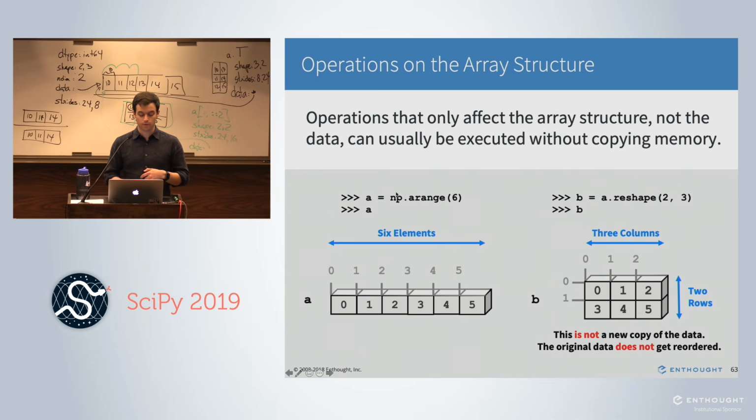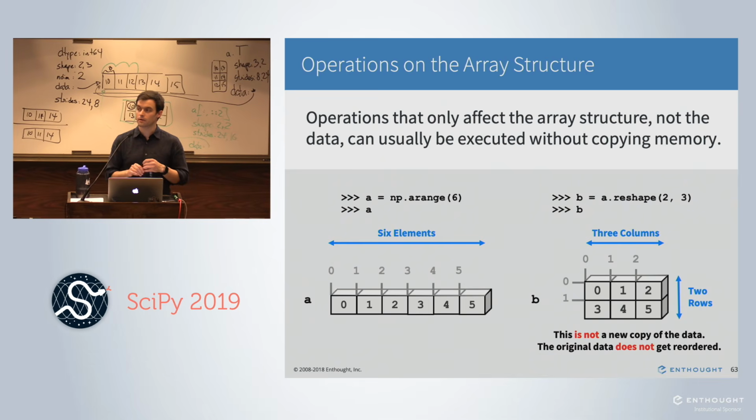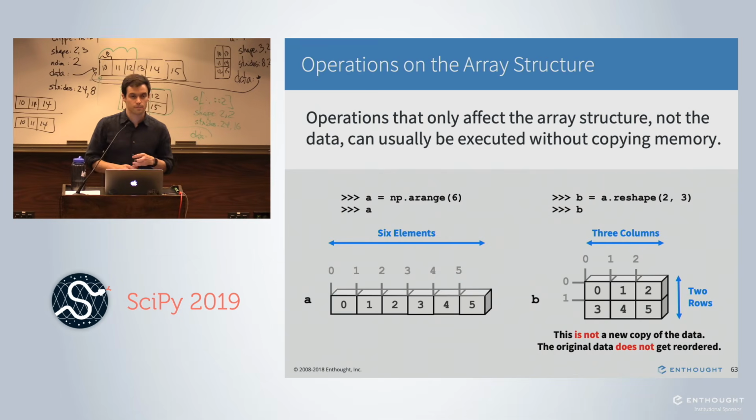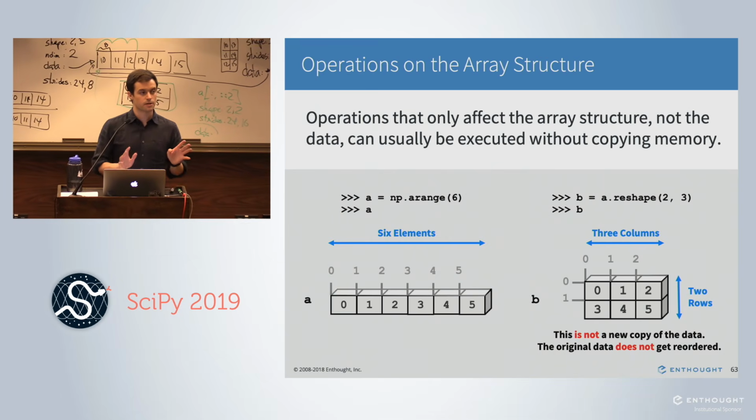So if you start off with an array here that has 6 elements, if I reshape it to make it a 2 by 3, what I'm doing underneath the covers is changing the shape, obviously, but also changing the strides. But that doesn't require any memory copy whatsoever, right? Because it can be expressed just like we did here with the transpose or with the slice as a change in the metadata.